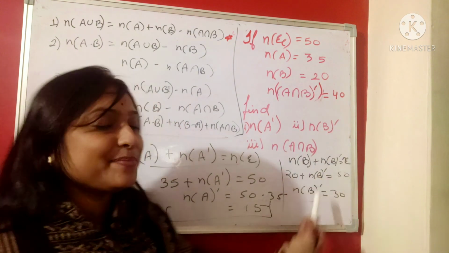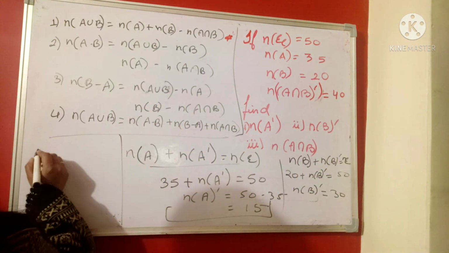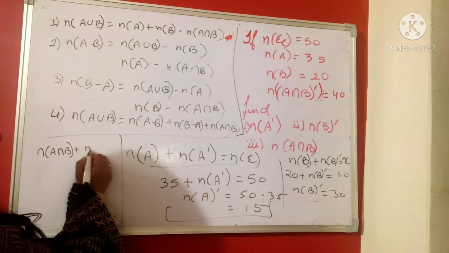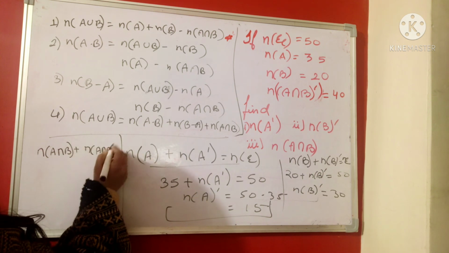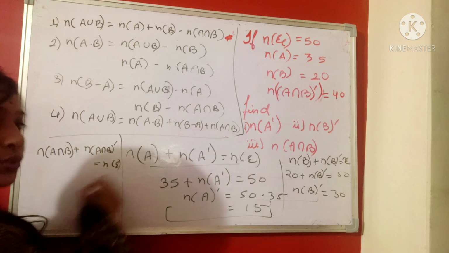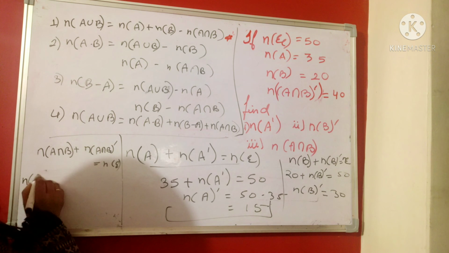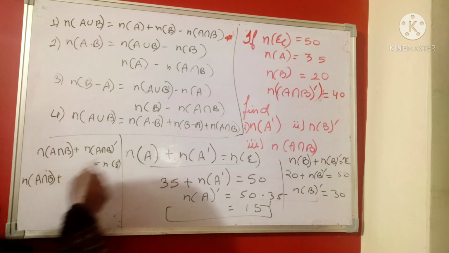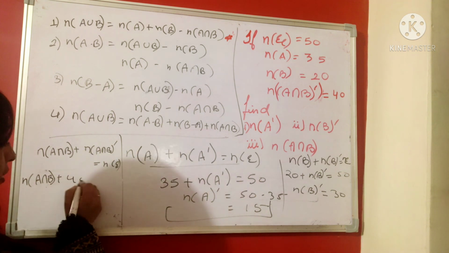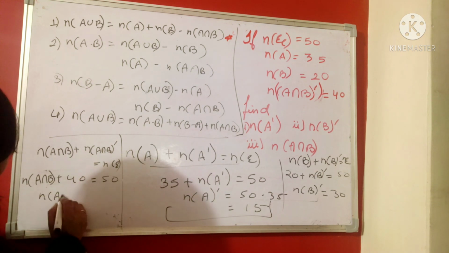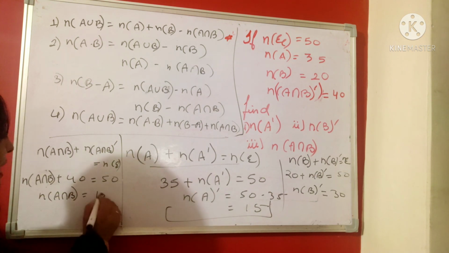Again we will use the same method. Let's write: cardinal number of A intersection B plus the complement of A intersection B should equal the universal set, right? So A intersection B will be written like this. The complement's value is 40 and the universal value is 50. So from here A intersection B will be 10.